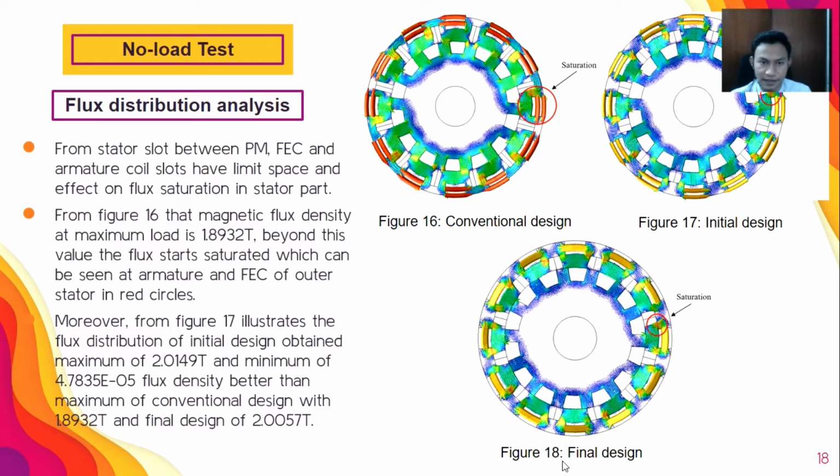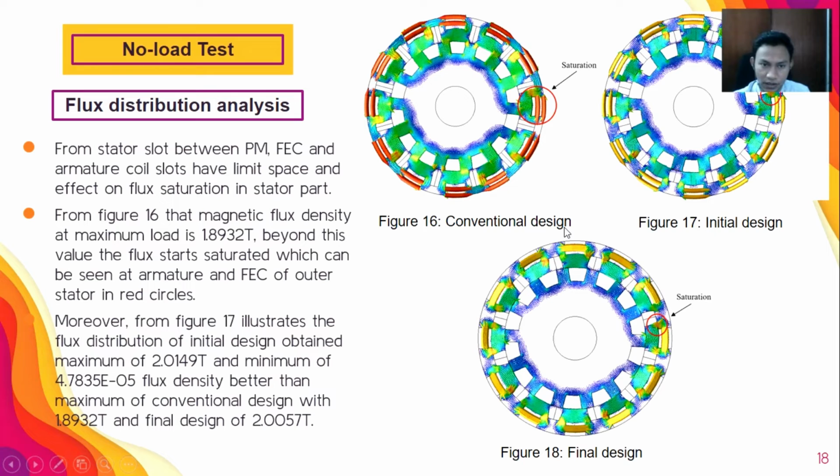From figure 16, the magnetic flux density at the maximum load is 1.8932. Beyond this value, the flux starts to saturate, which can be seen at the armature and the outer stator in the red circle. You can see here the red one is where flux saturation happens.